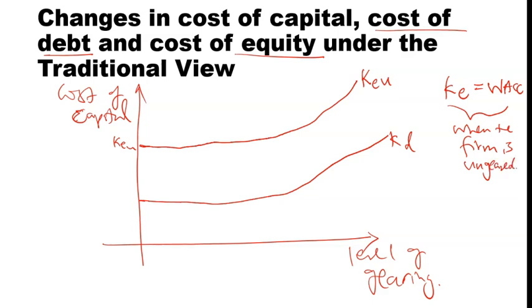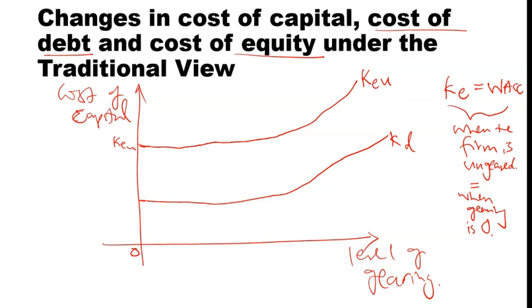So initially, at the initial phase at point 0, when the gearing is 0, KE is equal to WACC.